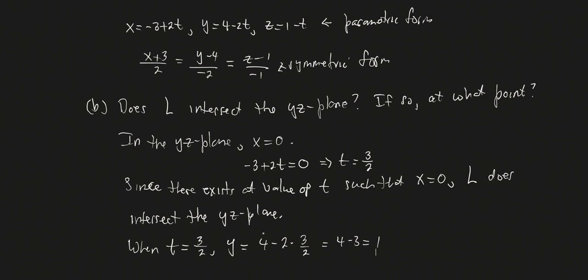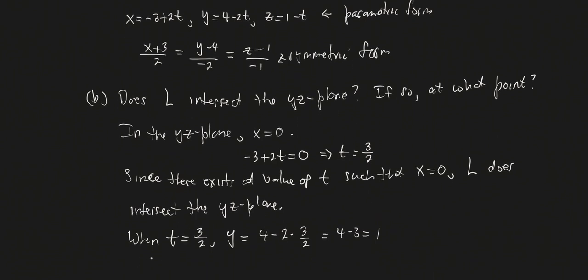So that's good. And then similarly, when t is equal to 3/2, what's my z value? Well, use the z equation. So you'll have 1 minus 3/2, which is -1/2. So the actual point of intersection now is the point (0, 1, -1/2).